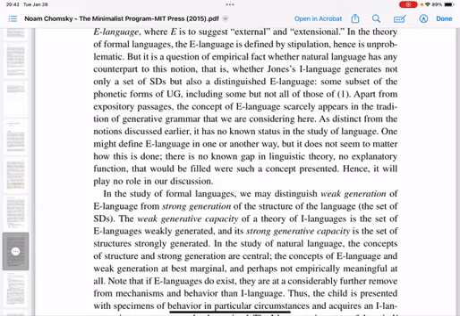As distinct from the notion discussed earlier, it has no known status in the study of language. One might define E language in one or another way, but it does not seem to matter how this is done. There is no known gap in linguistic theory, no explanatory function that would be felt where such a concept presented. Hence, it will play no role in our discussion.